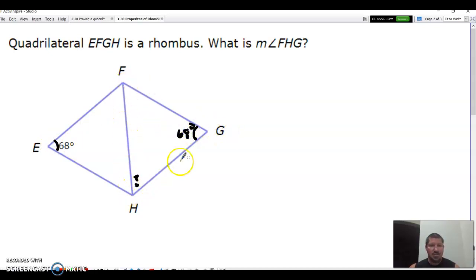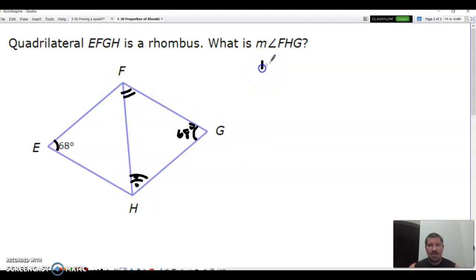I have a triangle here. I also know that this angle is congruent to this angle, and I know that these two angles are also bisected, which really means this angle is congruent to the angle that I want to find. And again, we know this is a triangle, so that's 180 degrees, right?